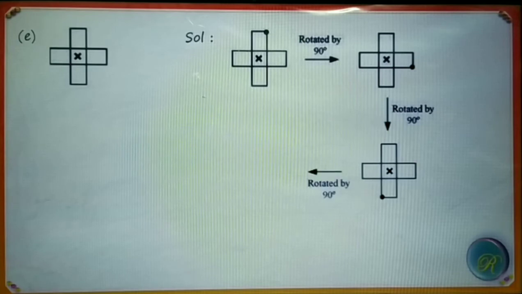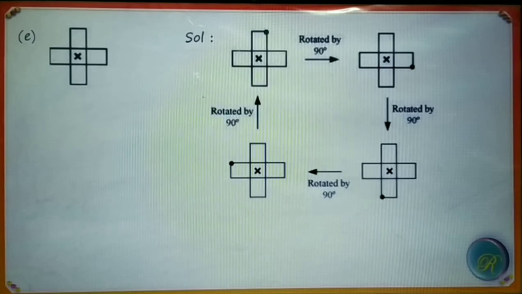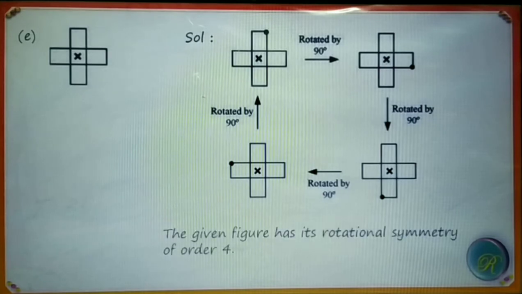Again, by 90 degrees, we will get this figure. Once again, by 90 degrees in a clockwise direction, we will get the original position. Therefore, the given figure has its rotational symmetry of order 4.